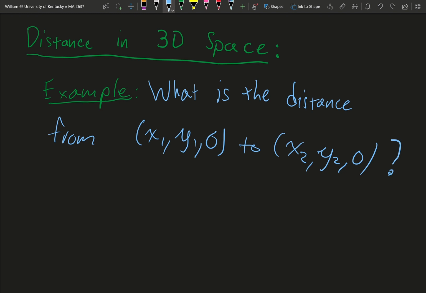These are points in 3D space, but because their last coordinate is 0, hopefully you can see that we can treat them as points in the plane. So our answer is going to be the same as if they were in the plane.